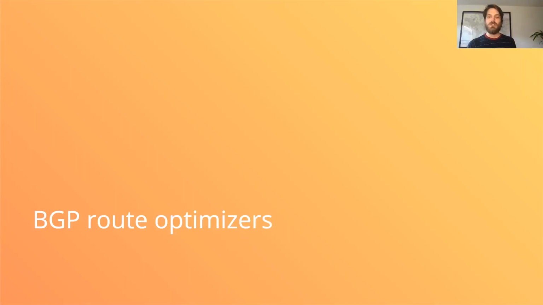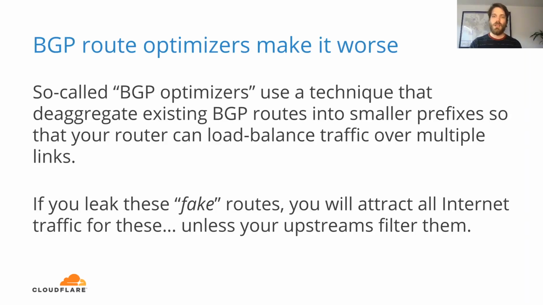So that's one solution. Now let's talk about the main cause for this incident: BGP route optimizers. Why did a BGP route optimizer make this incident so much worse? I've touched on this before during one of the talks, but BGP optimizers use a technique that de-aggregates received prefixes into smaller prefixes to better load balance traffic over multiple egress links.